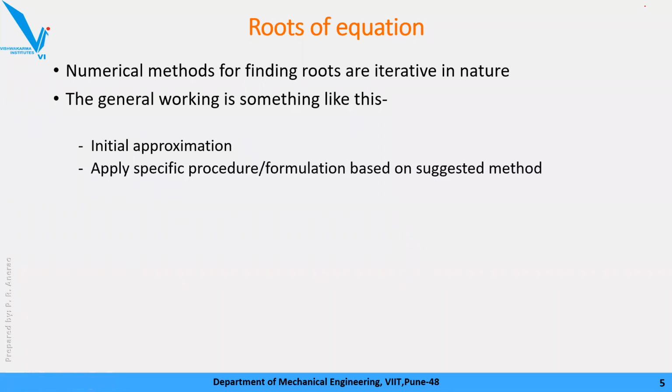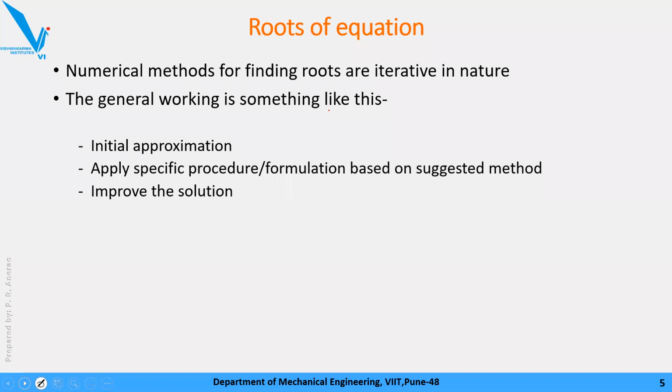Then we apply the procedure or formulation based on the selected method. If we use the bisection method, there is some formula, some procedure to solve the roots of equation problem. So we apply that procedure. Next, we try to improve the solution. We try to reduce the error in the solution.